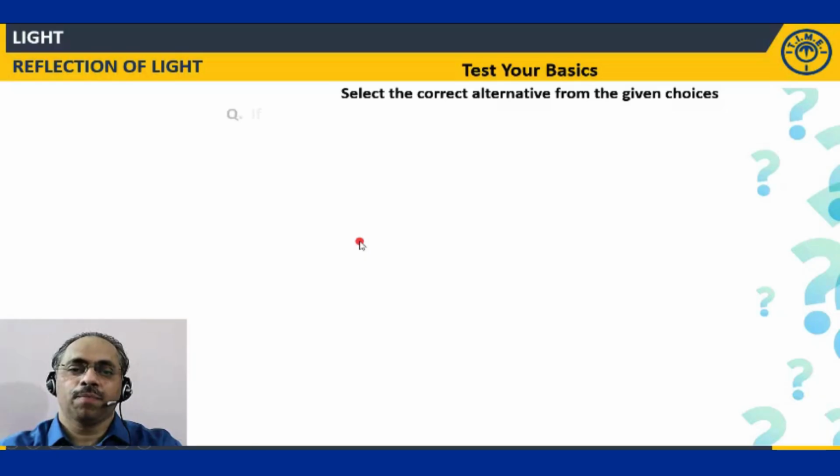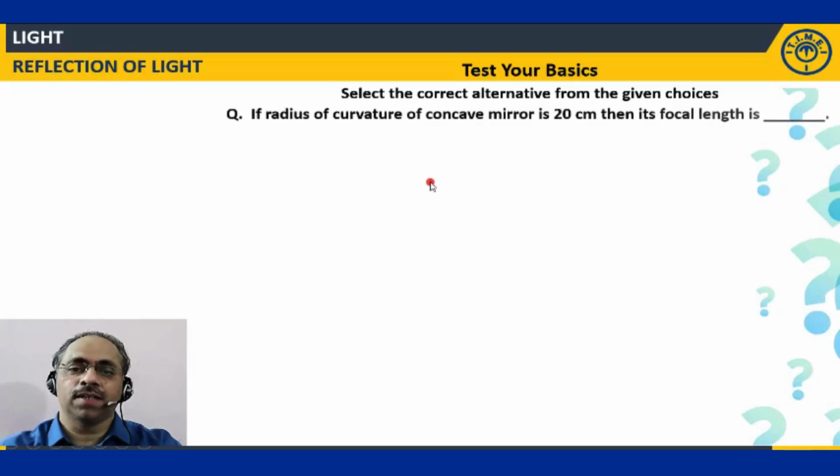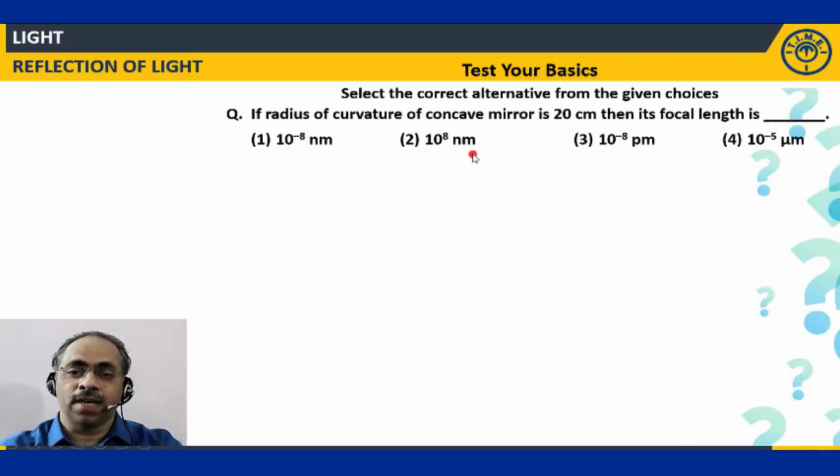Next, if the radius of curvature of a concave mirror is 20 centimeter, then its focal length is dash. 10 power minus 8 nanometer, 10 power 8 nanometer, 10 power minus 8 picometer, 10 power minus 5 micrometer. Basically, what is asked in the question? Focal length.